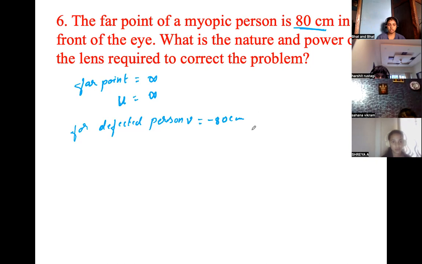Now what is asked? They have asked the nature and power. So to find nature and power, first let us find f. So 1 by f is equal to 1 by v minus 1 by u. f is minus 80.